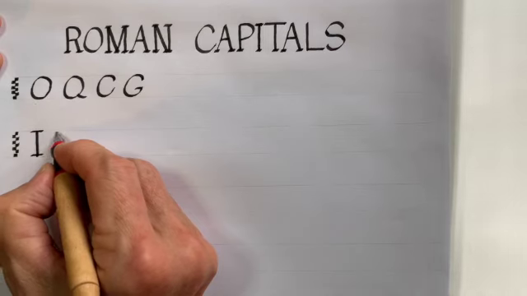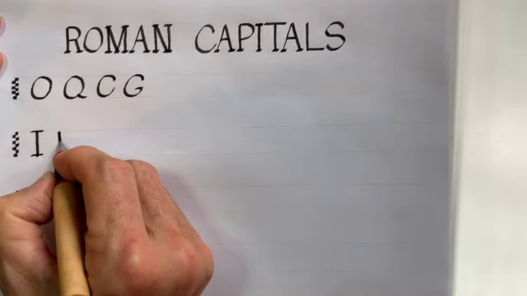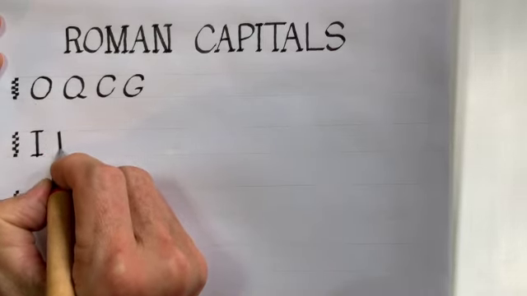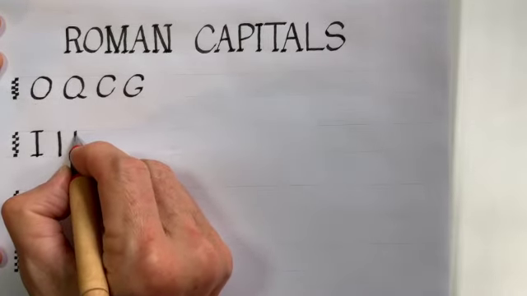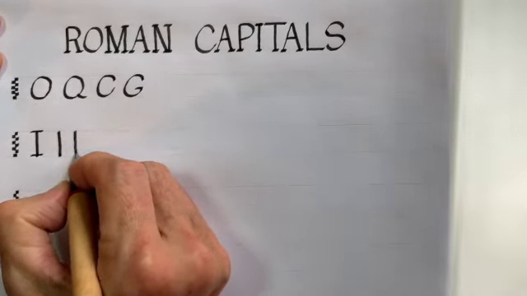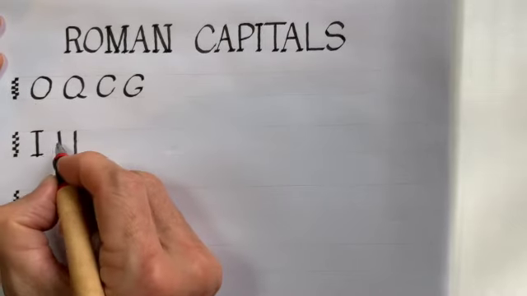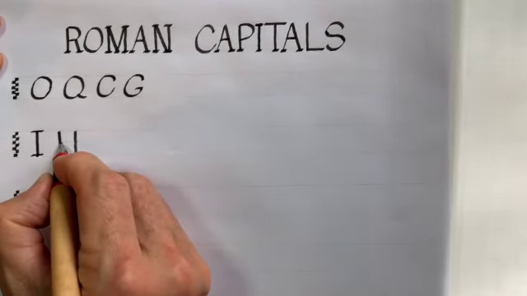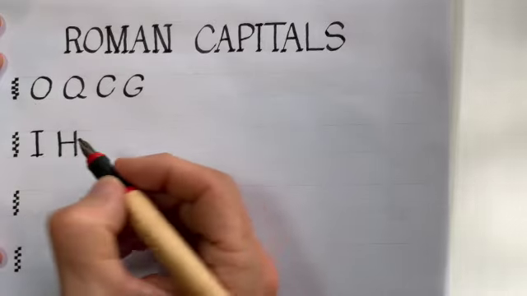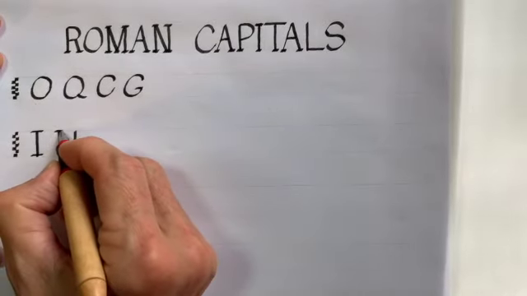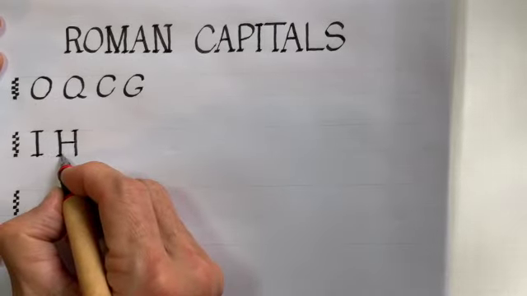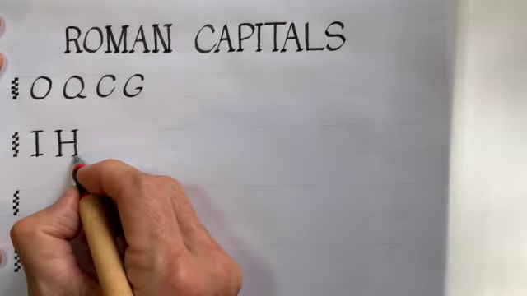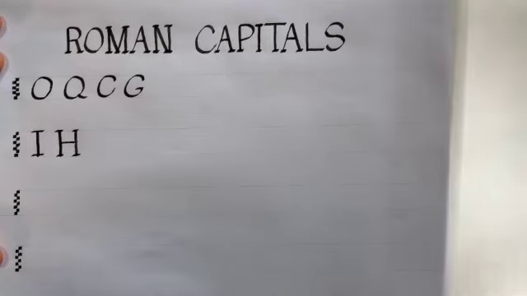Next we have the H. These are reminiscent of Roman columns.